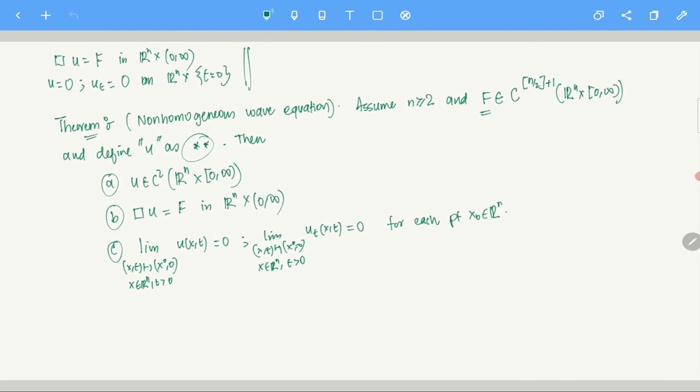Clear? Okay, so this theorem says that if you take capital F to be in C2, U is also in C2. U solves the inhomogeneous wave equation, and on the boundary U tends towards 0. Okay, so let's look at the proof of this thing.